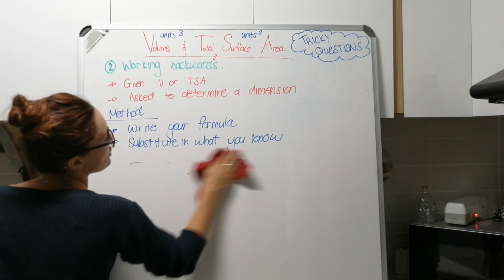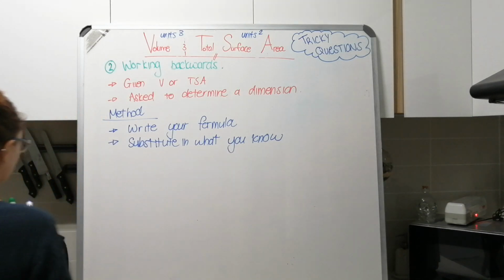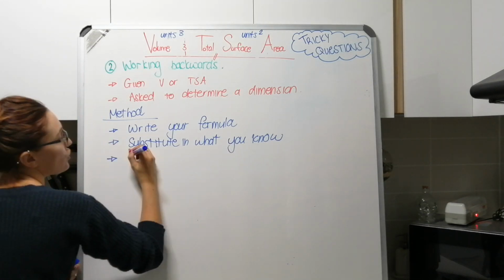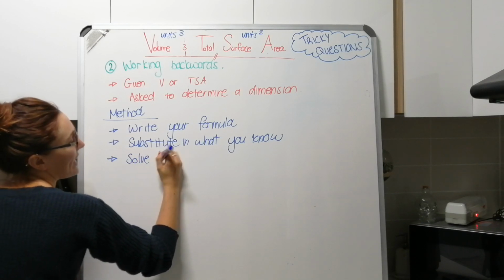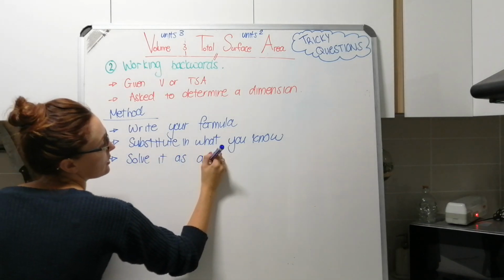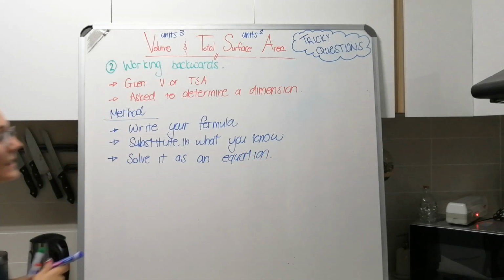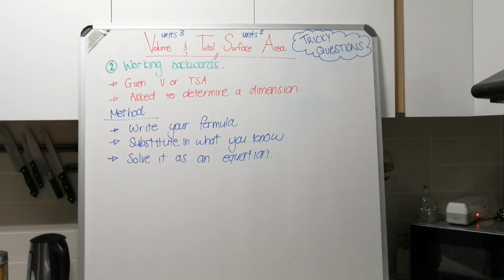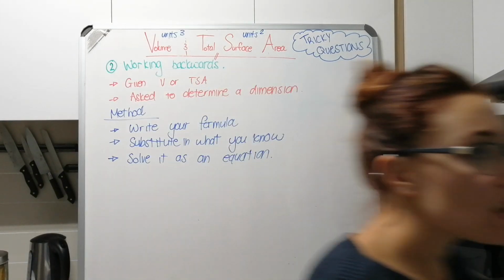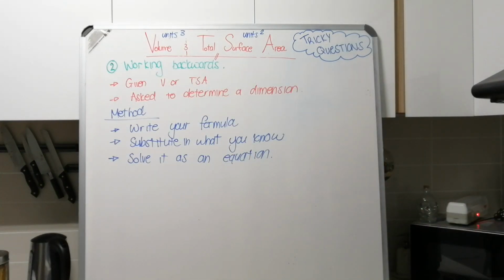Okay, that's the plan. So you substitute in what you know and then you solve it as an equation. Okay, and it can be a little bit easy and it can be a little bit tricky, especially when you get to the higher grades. Okay, so I'm going to pause you there. You obviously also pause if you haven't finished writing it down, and then we're going to do an example.